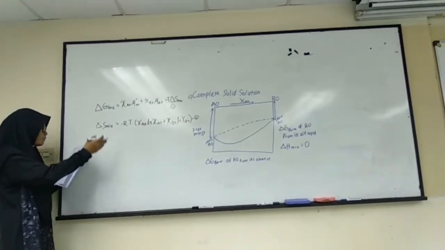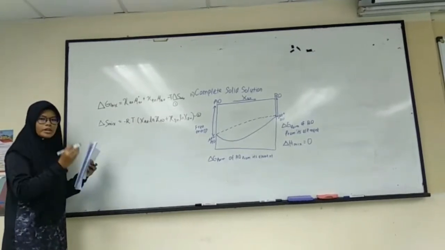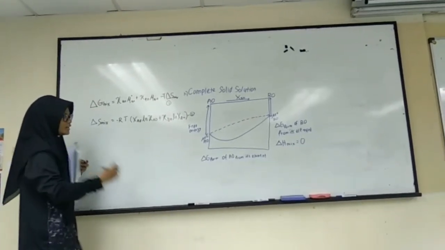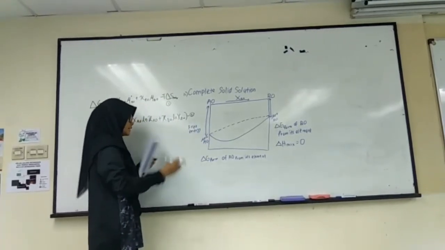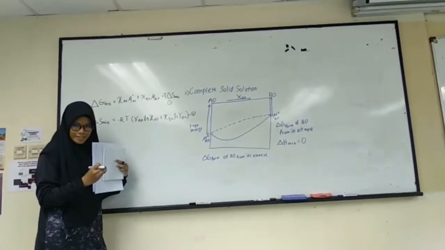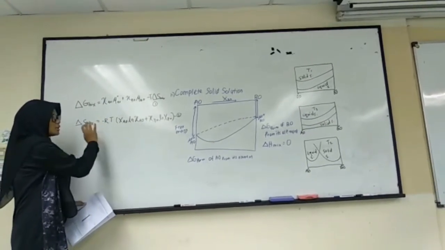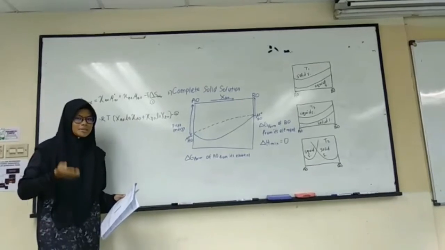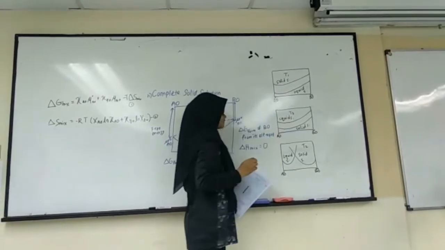If we combine these two equations, we will plot the graph of G-mix and the composition, and the curve will look like this, which we can use to determine the free energy as a composition function for the liquid solution. The combination of these two equations also makes graphs like the T1 graph and T3 graph.